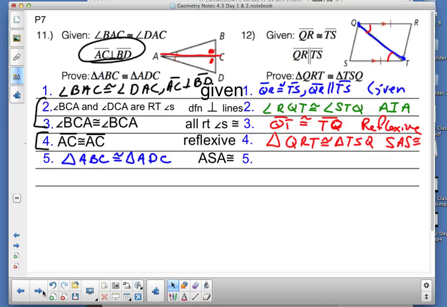It is asking you to identify some angles because of angle bisector. You're given another angle, and then you're provided reflexive property with segments. So we got a lot of stuff going on there that's going to help us get things done.